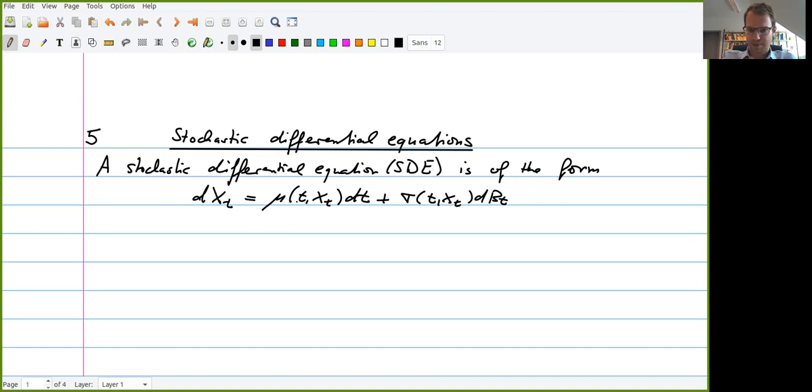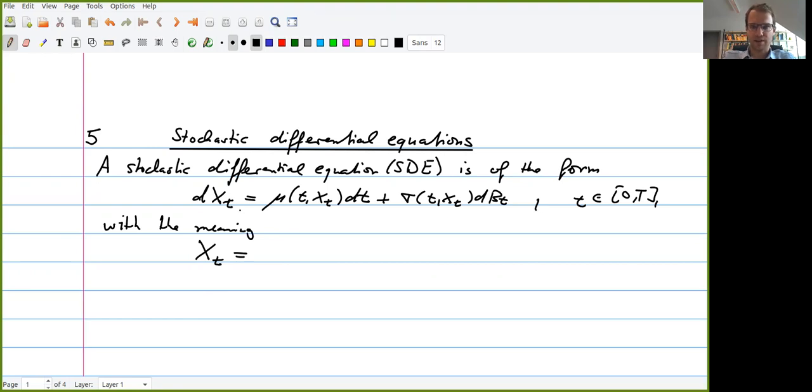And of course, a priori, these differential operators are not well defined, as we already discussed in the introduction. So we need to give a meaning. This is just a short writing for the integral equation, so we integrate formally both sides in time.